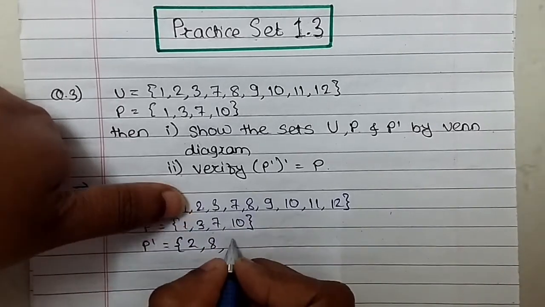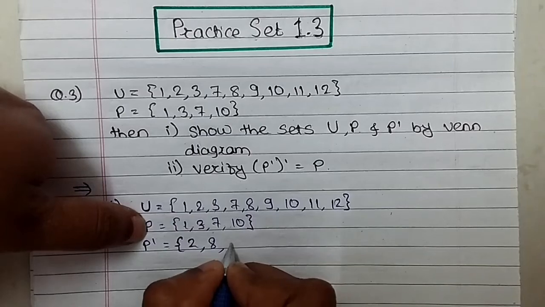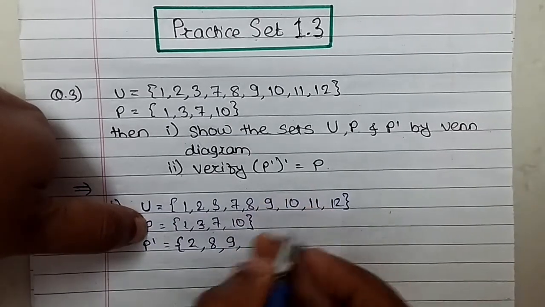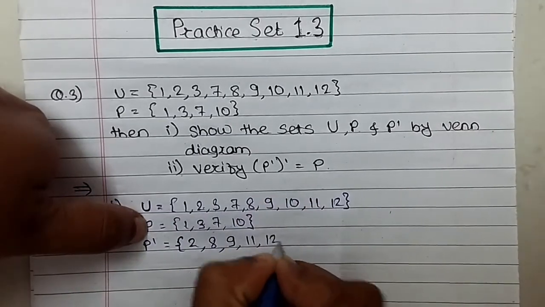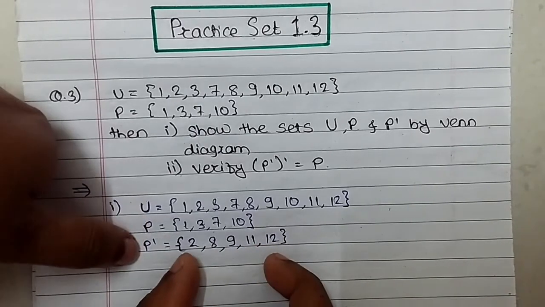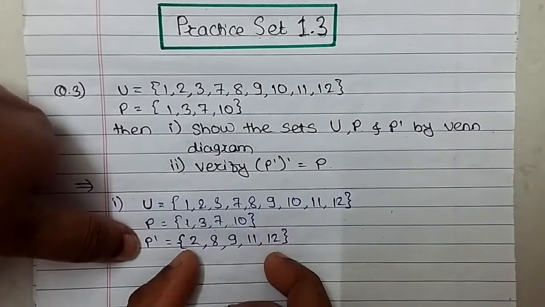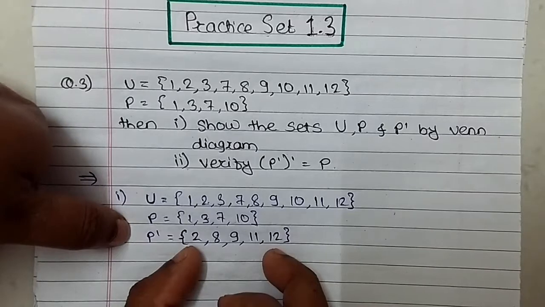Then 9 is also not present in P set, so write 9. 10 is present, then 11 is not present and 12 is not present. So this is the complement of the P set. Understand how to calculate P dash here.